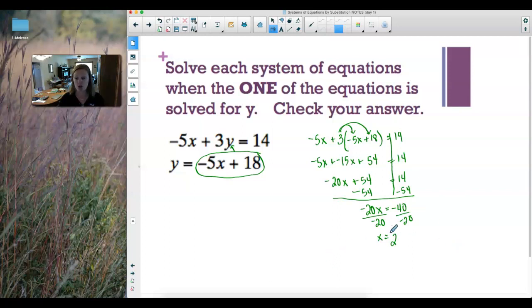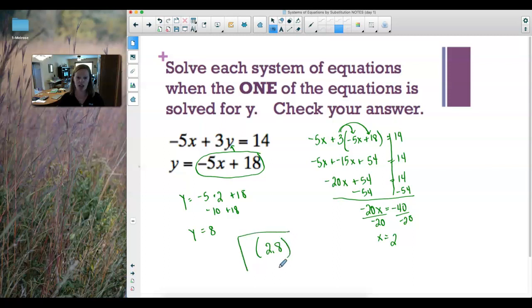Now, I am for sure going to take that x and substitute it into the equation that's already solved for y. So we have y equals negative 5 times 2 plus 18. That's negative 10 plus 18. So y equals 8. So our ordered pair is 2, 8.